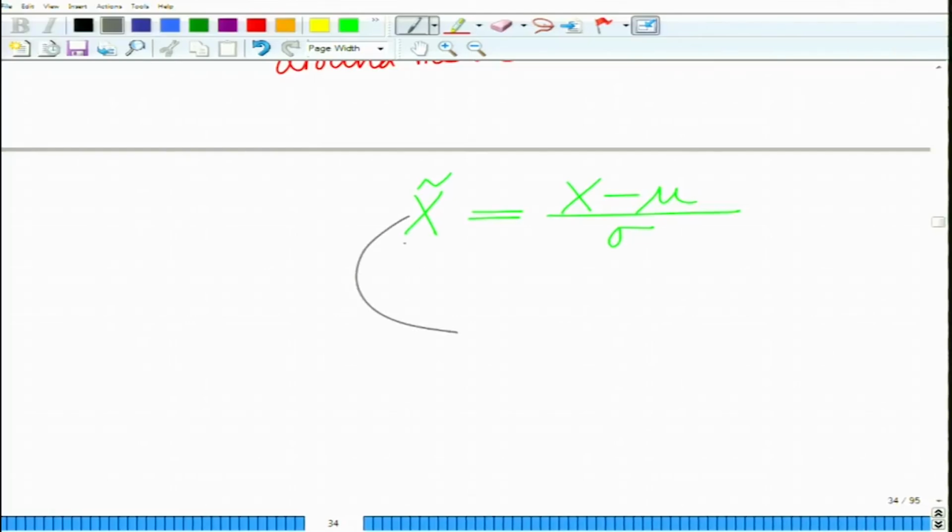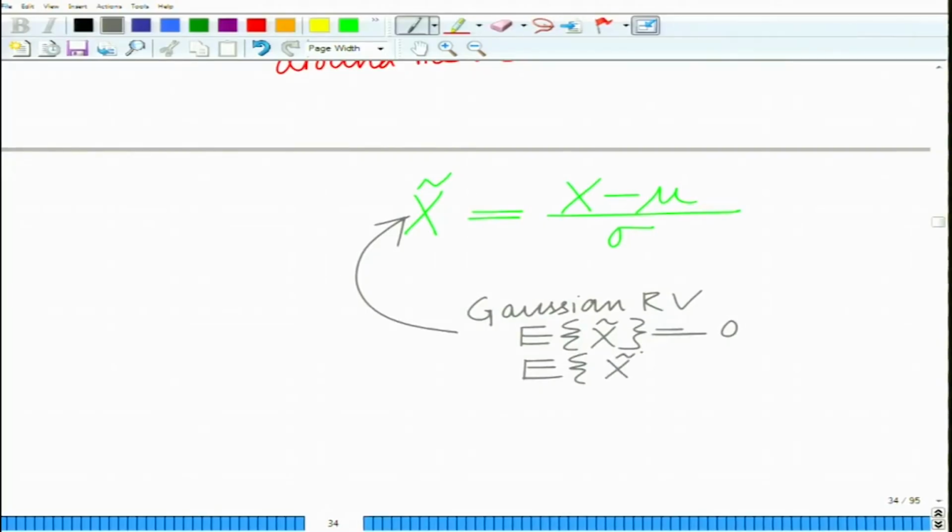Now, this x tilde is also a Gaussian RV, and there is something interesting about x tilde. The mean of x tilde will be 0, that is, the expected value of x tilde is 0, and the variance, that is the expected value of x tilde minus mu, or x tilde square in this case since the mean is 0, is equal to 1.